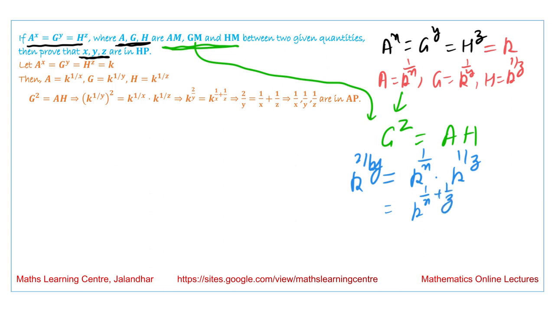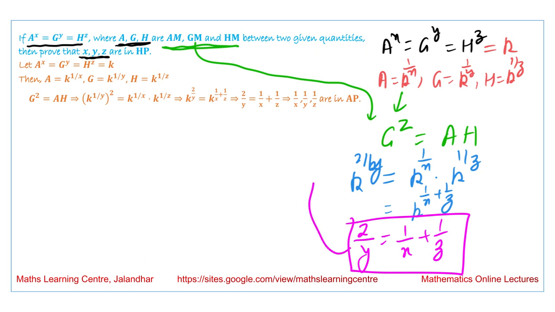So combining both these results, we obtain that 2 by y is equal to 1 by x plus 1 by z, and this proves that 1 by x, 1 by y and 1 by z are in arithmetic progression. That is, it proves that x, y, z are in harmonic progression.